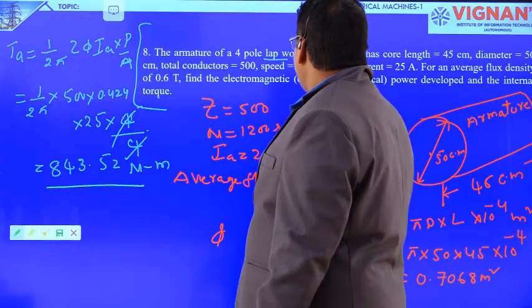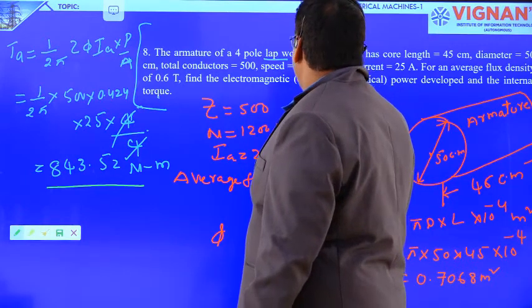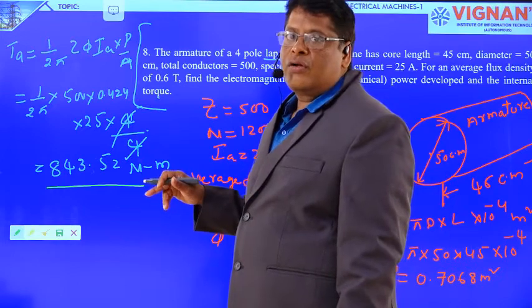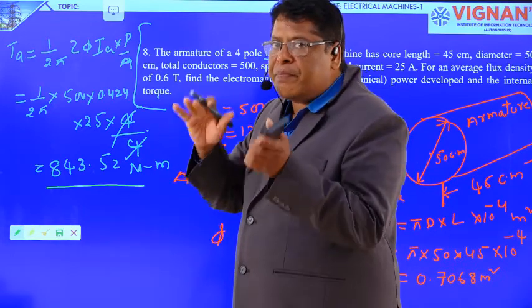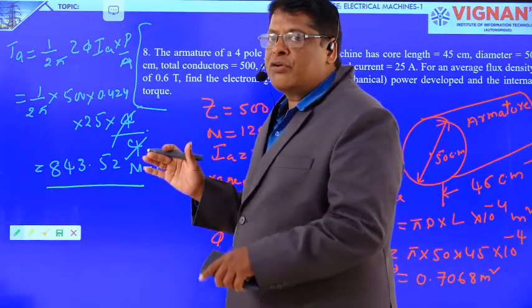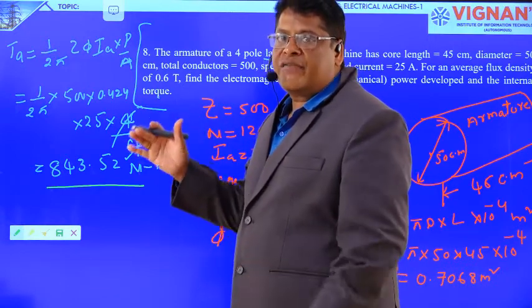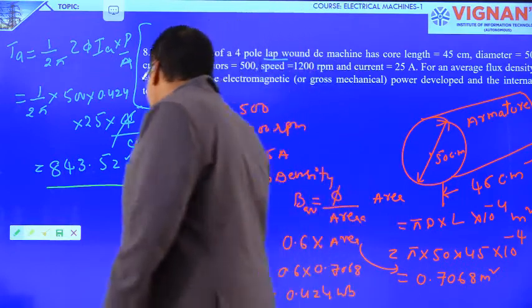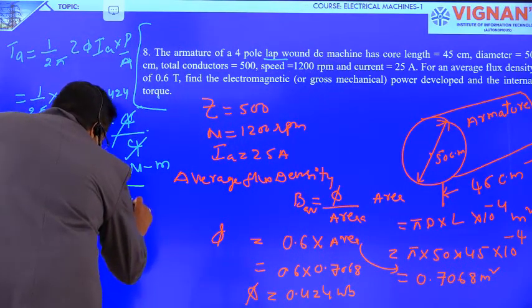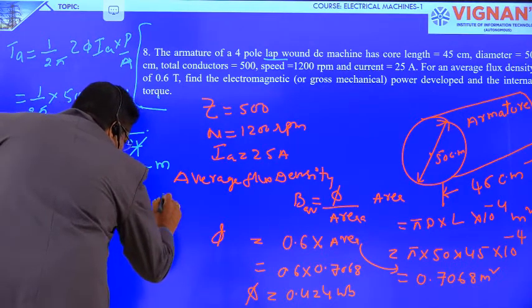See here, find the electromagnetic power. Once you know the torque, there is a relation between the power and the torque. Power equals torque into angular velocity of the armature. So armature power Pa equal to T into omega.